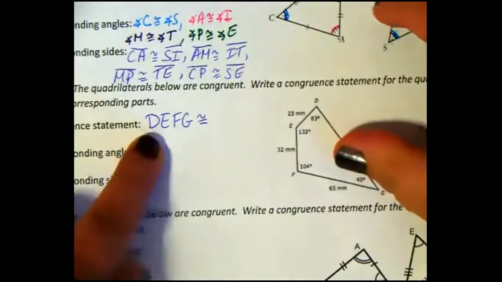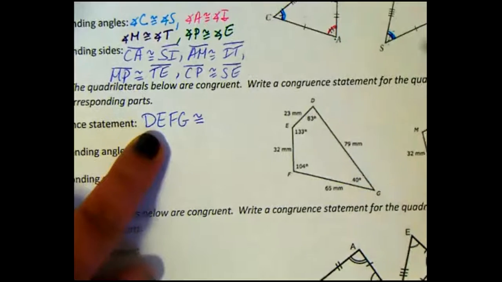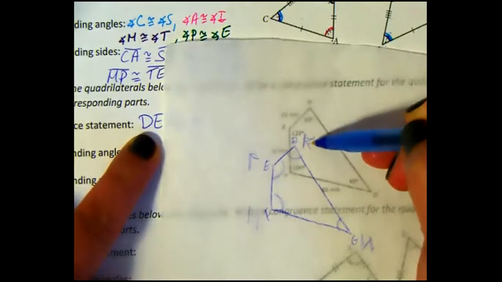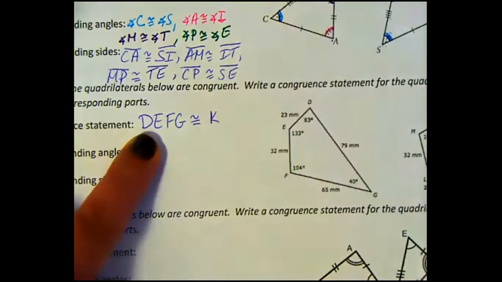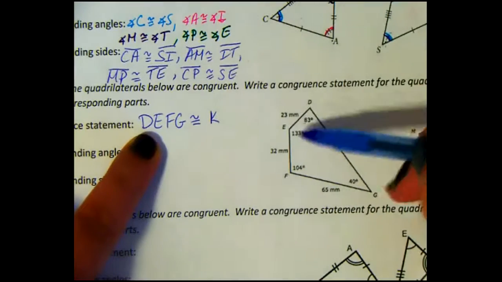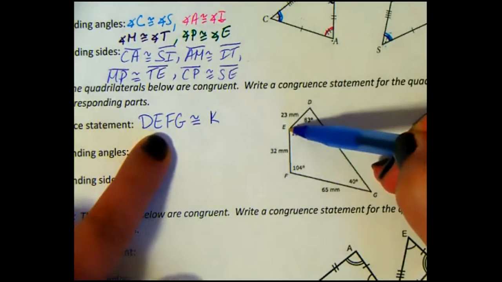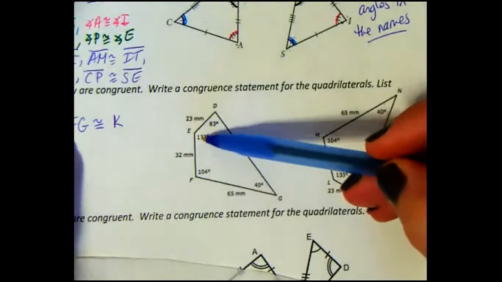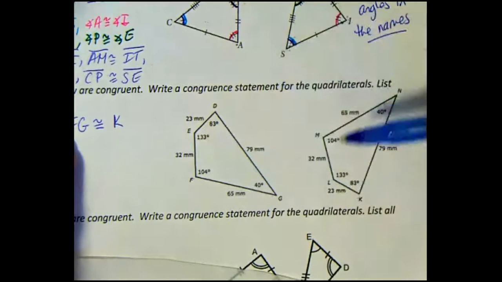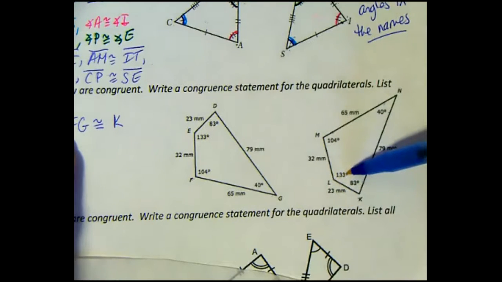So if I use D first, that means the matching angle to D, the corresponding angle to D is K. So I will need to use K first here. Okay. If you put E second, the matching angle to E is L. I can also see that in my figures here because E is 133 degrees and L is 133 degrees.